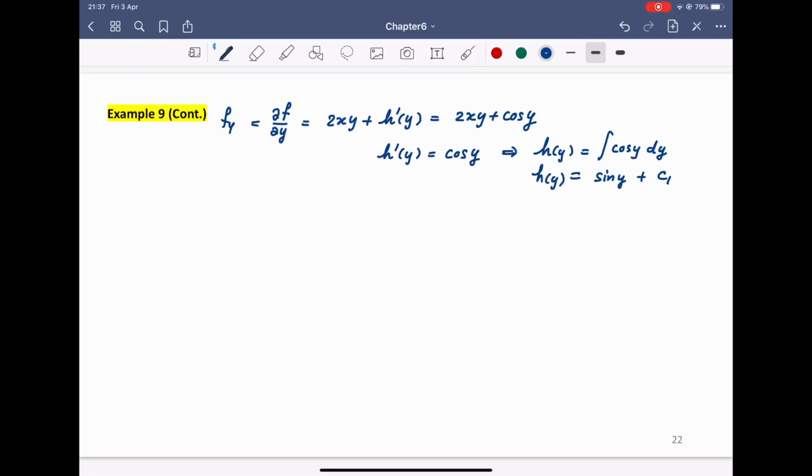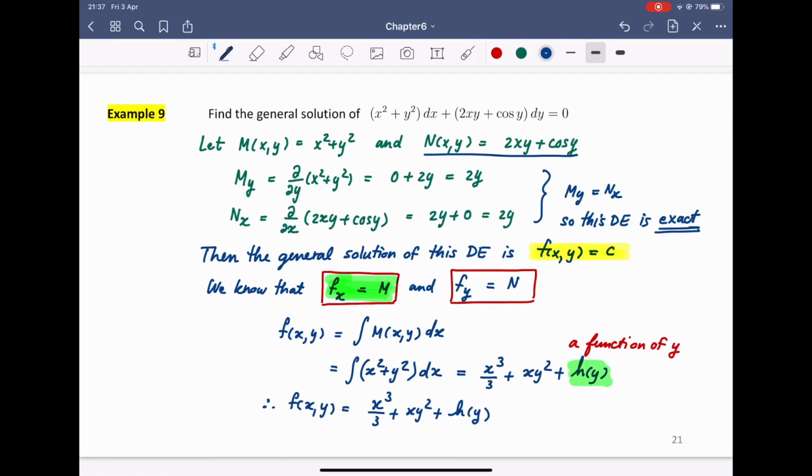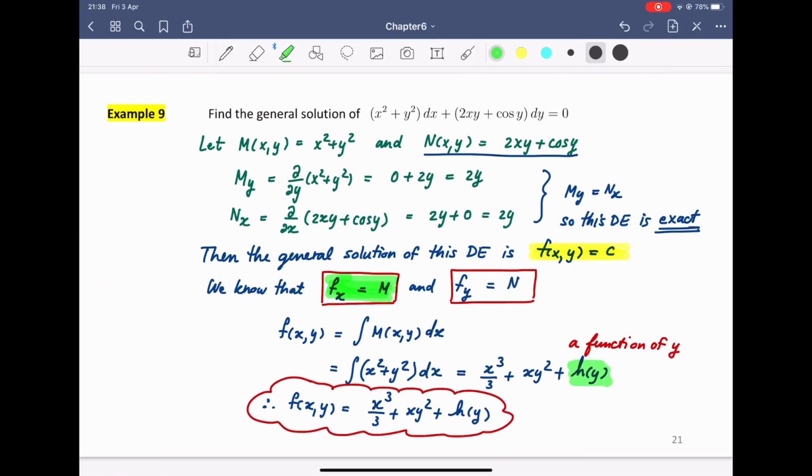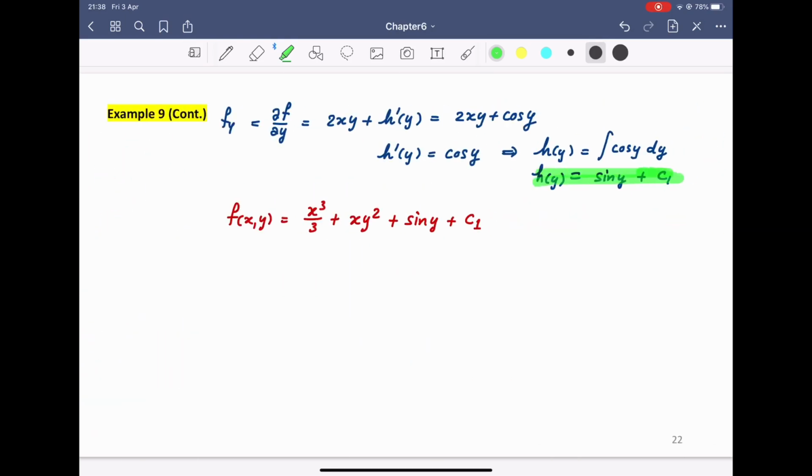So I'm going to plug h back into my function f, and that will lead me to the answer. So f(x,y) equals x cubed over 3 plus xy squared plus sine y plus c1, right? Because I just substitute h(y) by sine y plus c1.